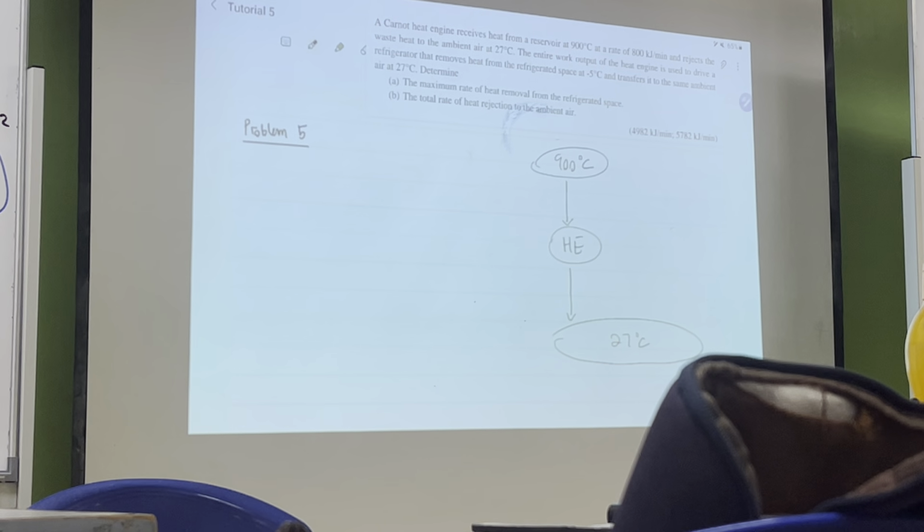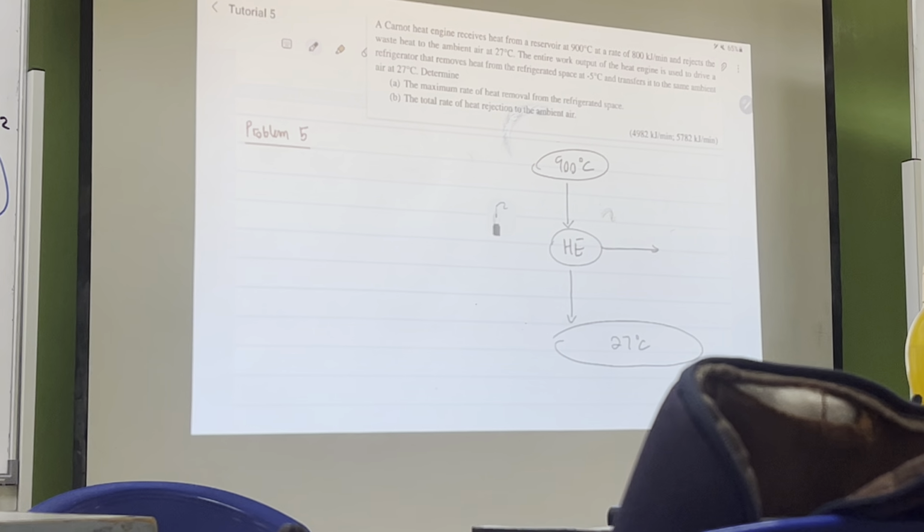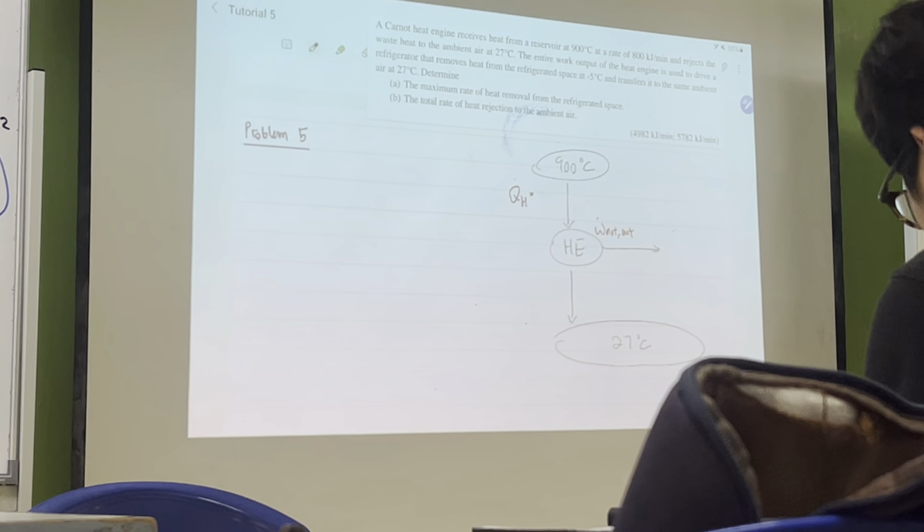Then the net work output, so let's call this work net out. And here, this is QH, 800 kilojoule per minute.